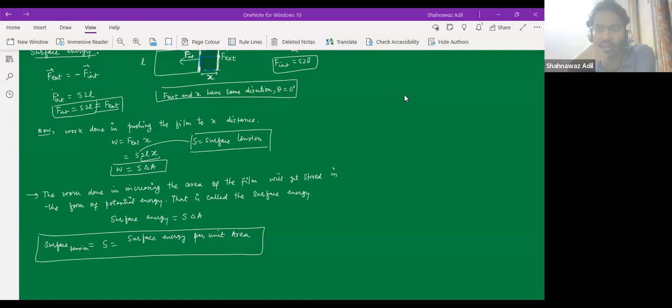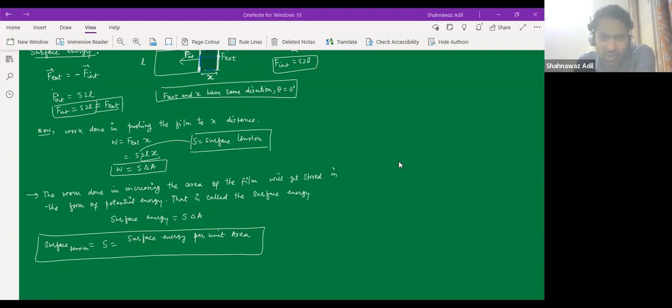Third, it is the surface energy per unit area. These are the definitions of surface tension. And what is the surface energy? Surface energy is the work done required to increase the area of the film, right? So that is the point.